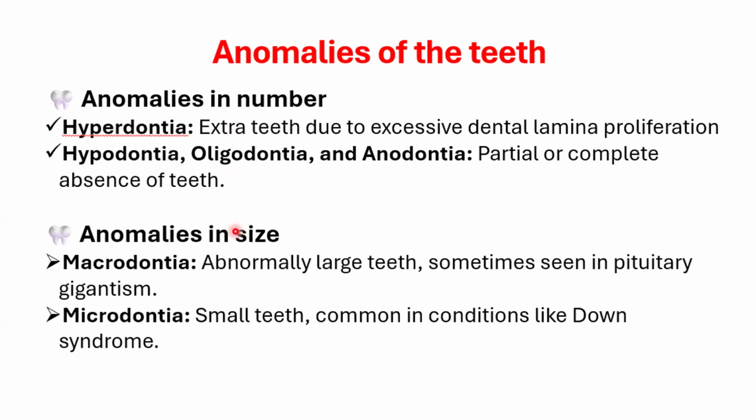Then in terms of anomalies in size, of course, macrodontia means large, so overdevelopment of the teeth. And microdontia means smaller teeth, as seen in Down syndrome.